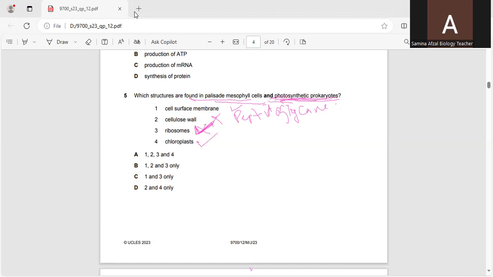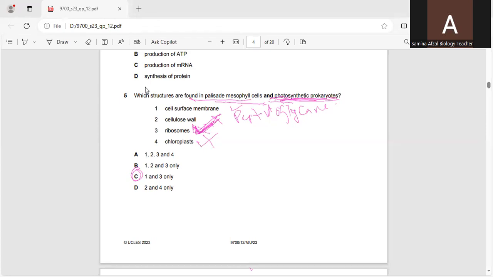In photosynthetic prokaryotes, only number 1 and number 3, ribosomes and cell surface membrane, are present in it. So option C is the correct option.